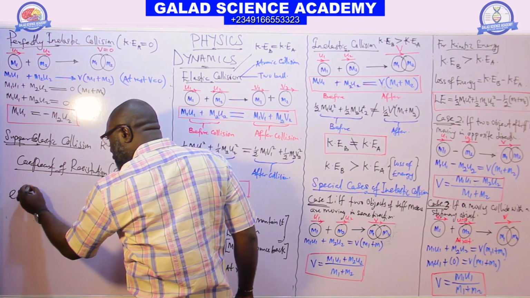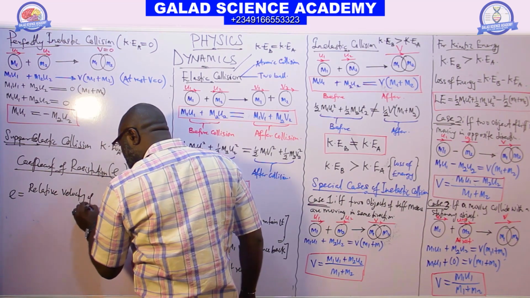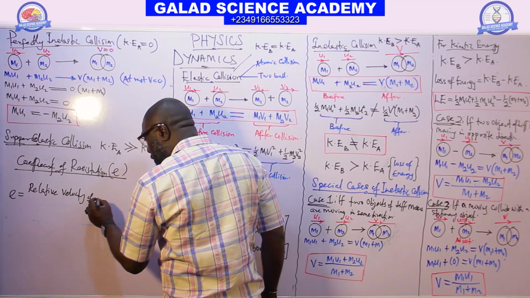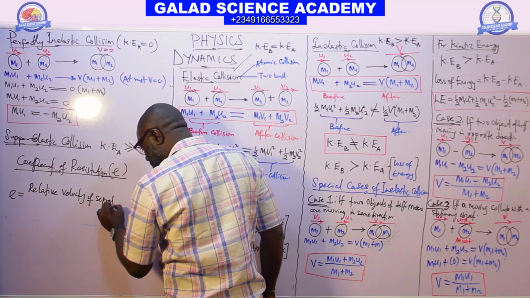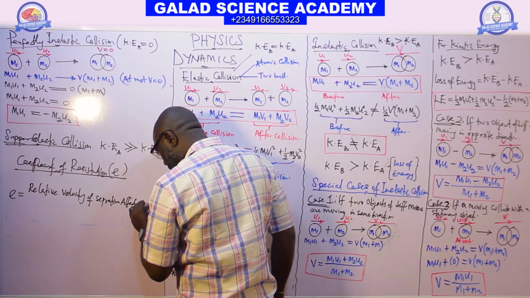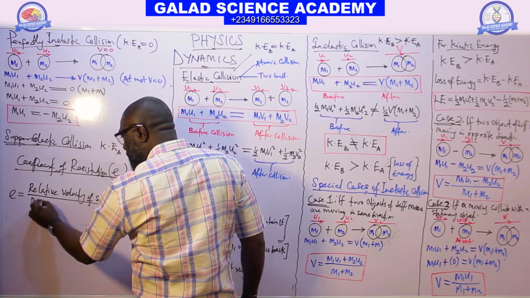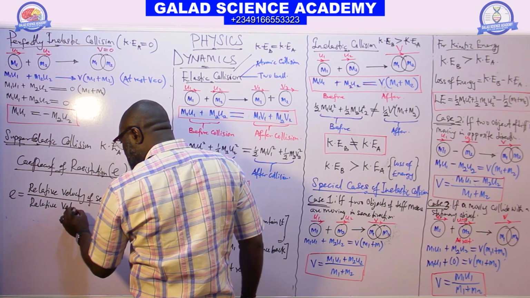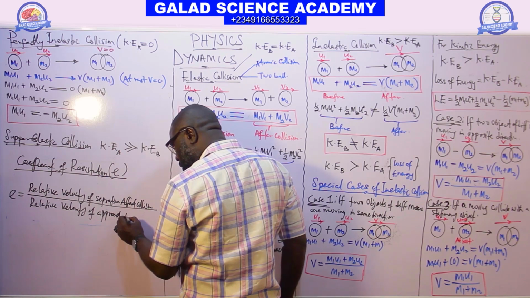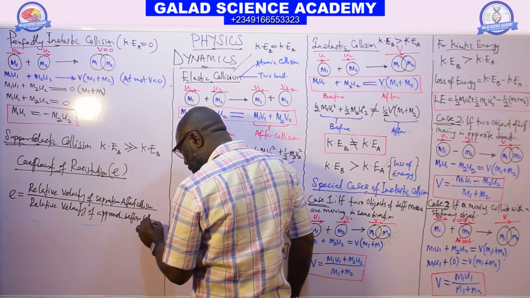E is the ratio of the relative velocity of separation after collision to the relative velocity of approach before collision.